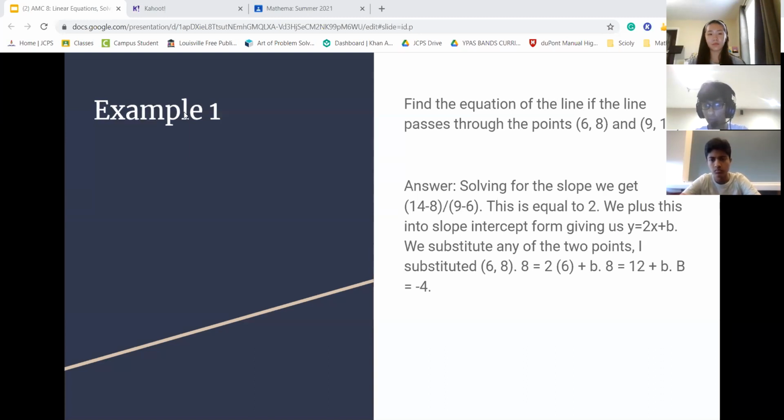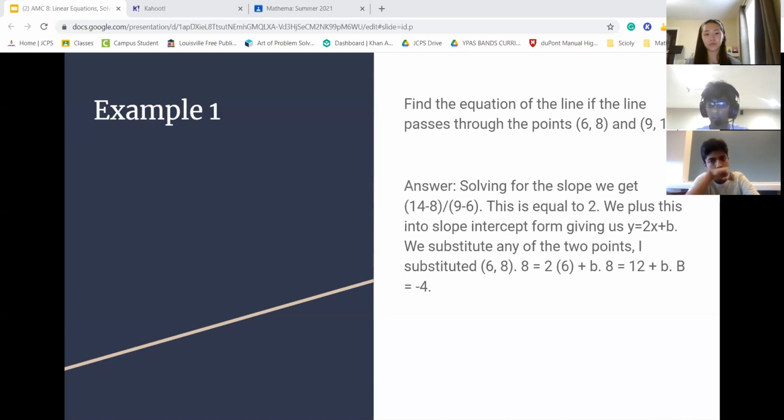Then 14 minus 8 is 6, and 9 minus 6 is 3. So 6 divided by 3 gives our slope of 2. Right now our equation is y equals 2x plus b. Then we can substitute one of the two points that they give us to find b.